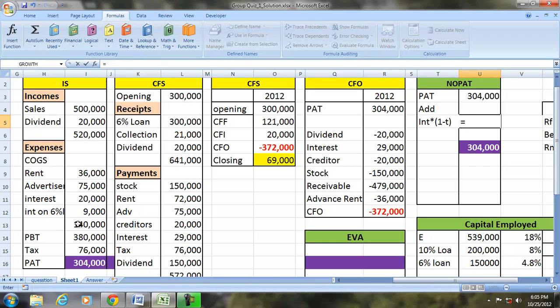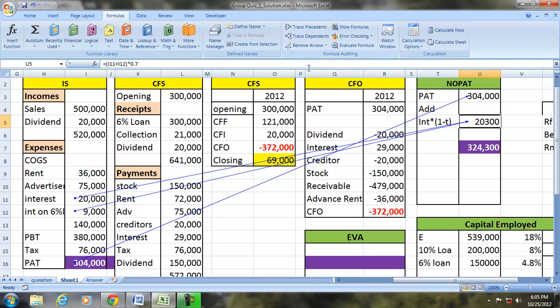So the interest is 20,000 plus 9,000 into 0.70, that is 1 minus T. PAT is not equal to NOPAT here because of the financing charges. So we remove the financing charge, since we assume that there are no other accounting adjustments. So NOPAT is equal to PAT plus interest into 1 minus T.